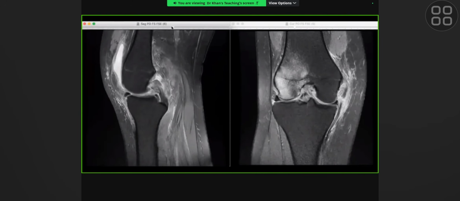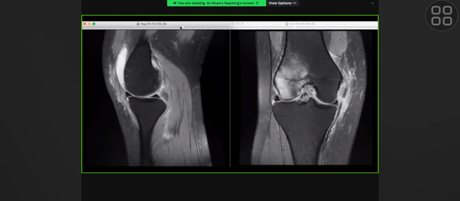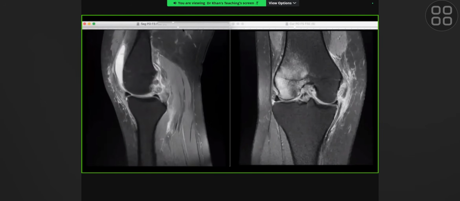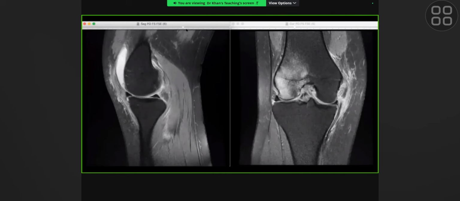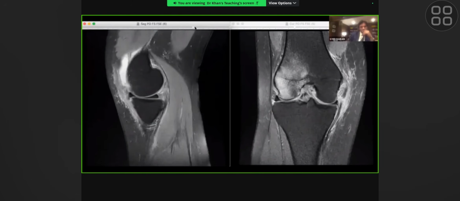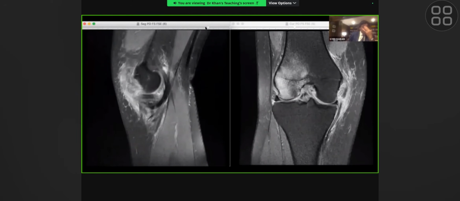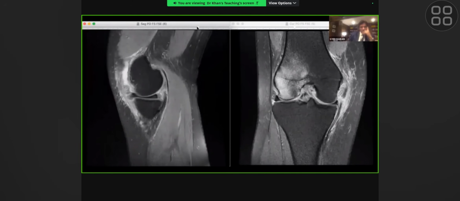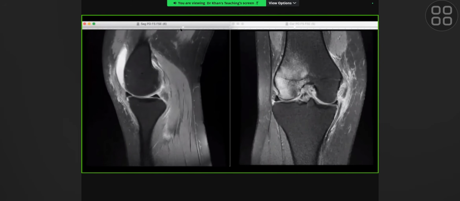There is a tear in the posterior cruciate ligament at the femoral attachment, which is a complete tear. The medial meniscus appears extruded anteriorly, but I don't see a tear at the moment.